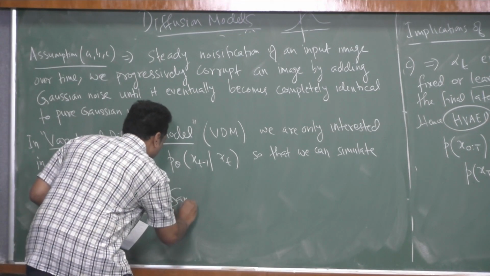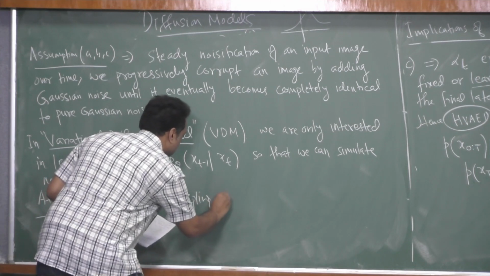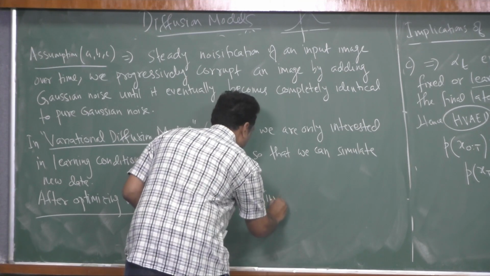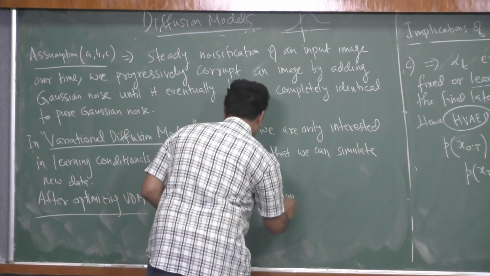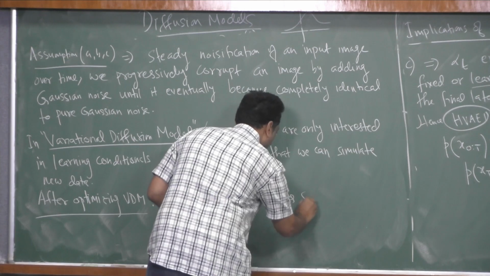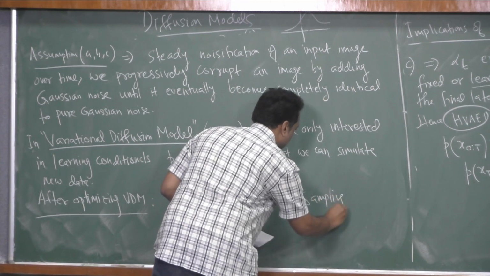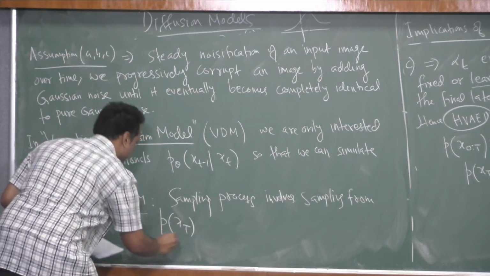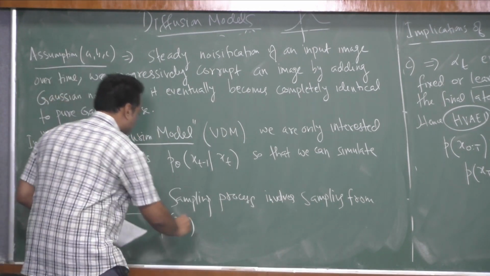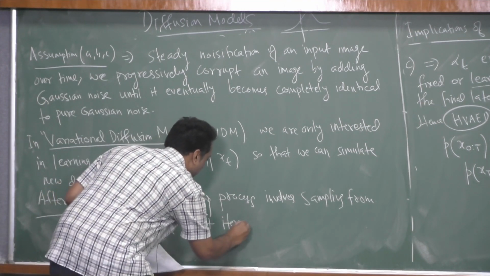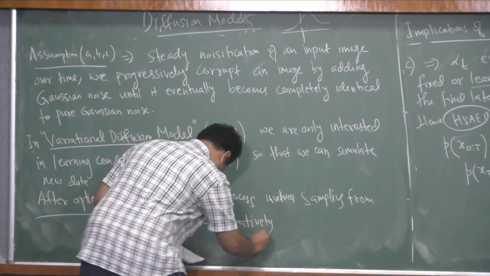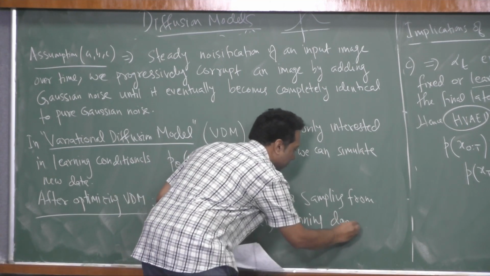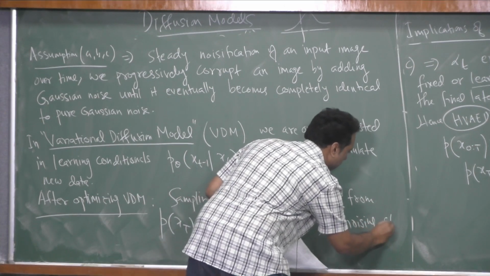The sampling process, which is the generation part, involves sampling from p(x_T) and then iteratively running denoising steps.